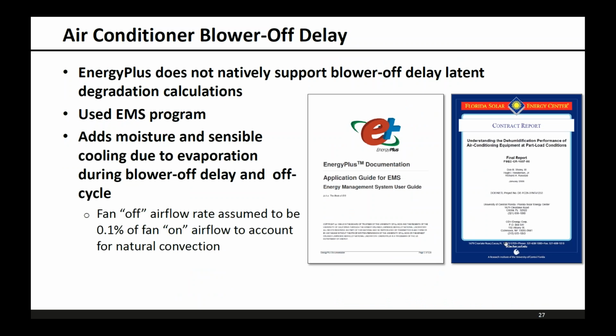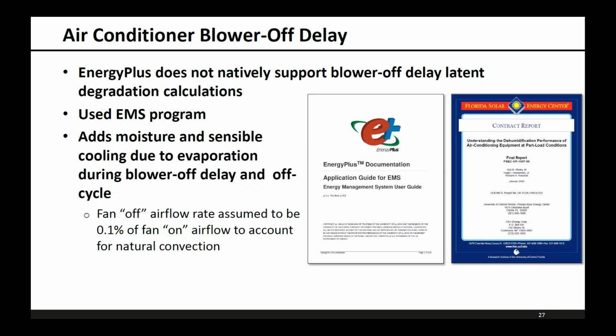So when we look to model these different parameters, the sizing and supply airflow rate are pretty easy to implement in EnergyPlus. The blower off delay is not natively supported though. And so in order to capture the effect of the blower off delay, we used the energy management system program within EnergyPlus, and used a latent degradation model that was developed in an FSEC report shown to the right.